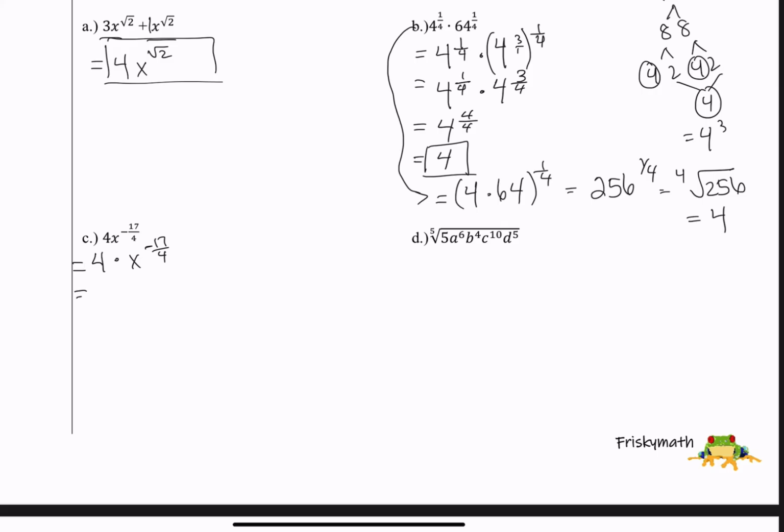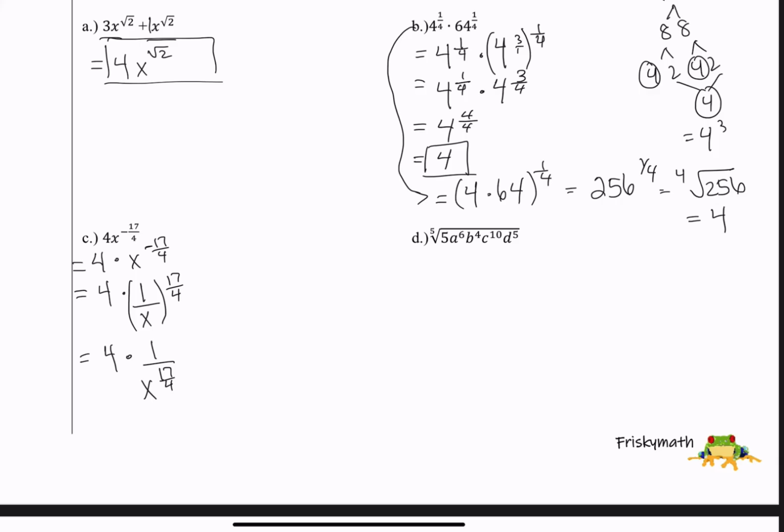All right, so 4 stays just like it was. You could write that as 4 over 1 if you want. And maybe I will. X, however, becomes now 1 over x, and that is raised now to the positive 17/4. Now I'm going to give that positive 17/4 to both the numerator and denominator of my quotient. But 1 raised to the 17/4 is just 1.